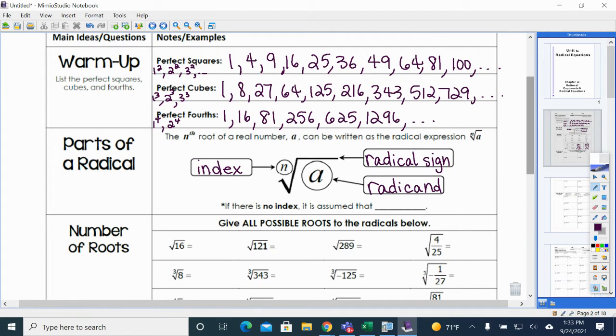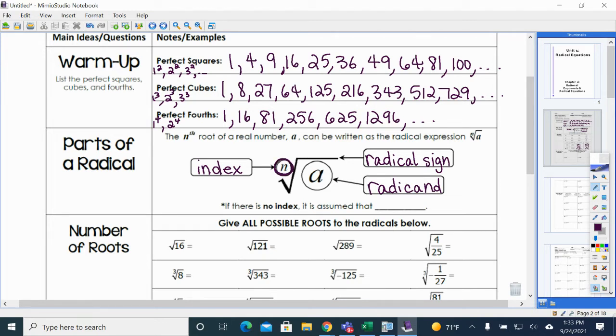In the next section of your notes, it talks about the parts of a radical. The nth root of a real number a can be written as the radical expression, nth root of a. The index here is the little number that we include on the radical sign.